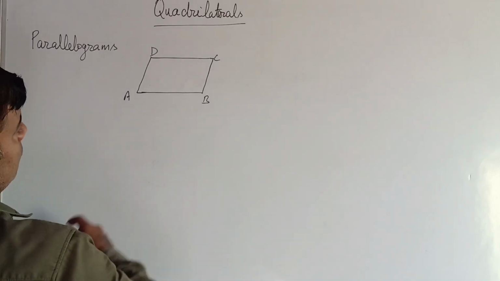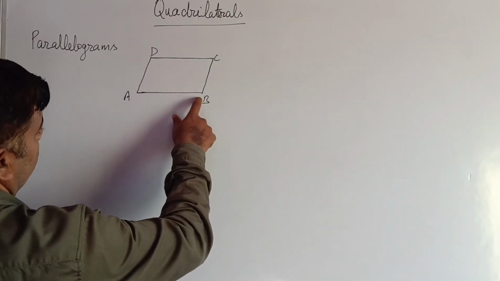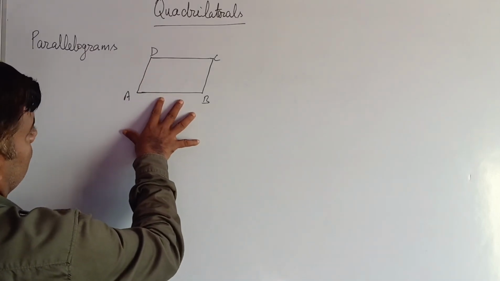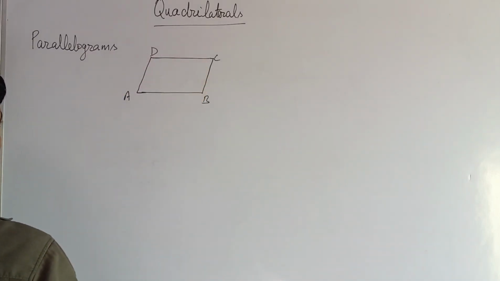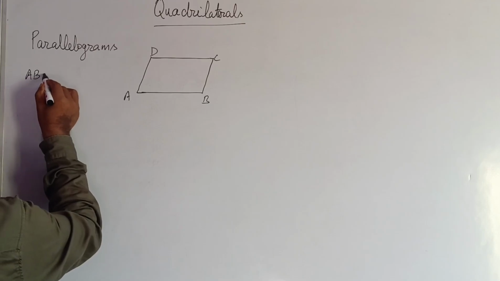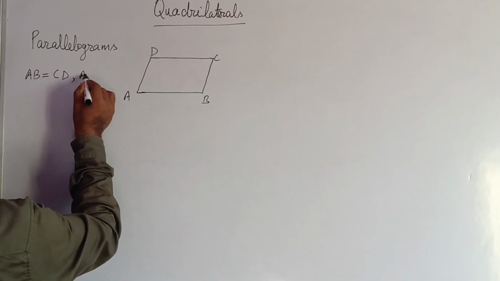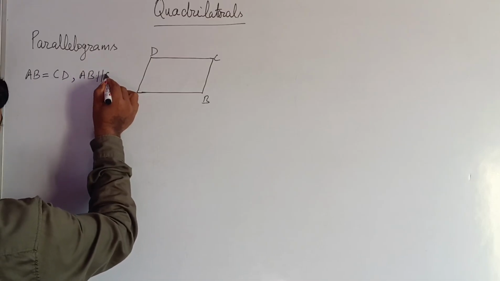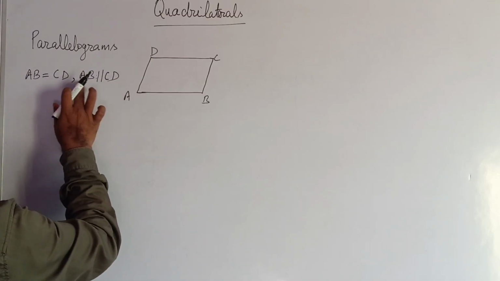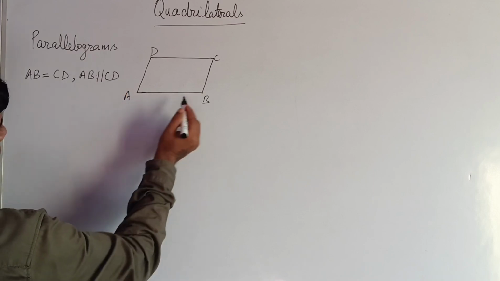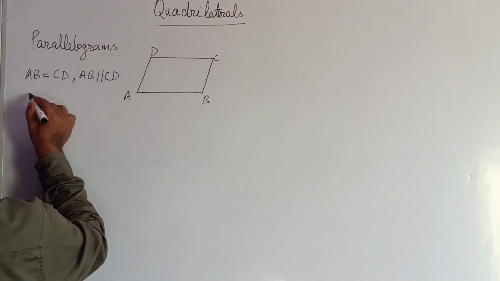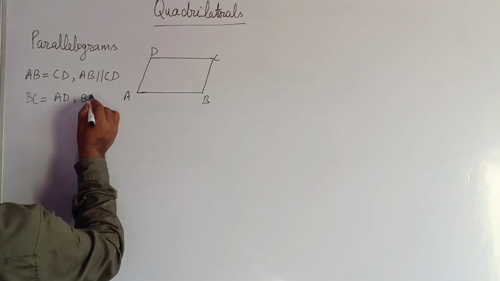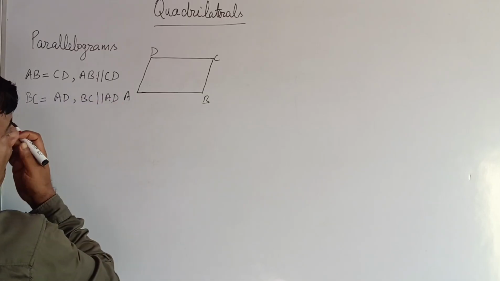Here there are four sides: AB, BC, CD, and DA. AB is equal to CD, and AB is parallel to CD. Similarly, BC is equal to AD, and BC is parallel to AD.